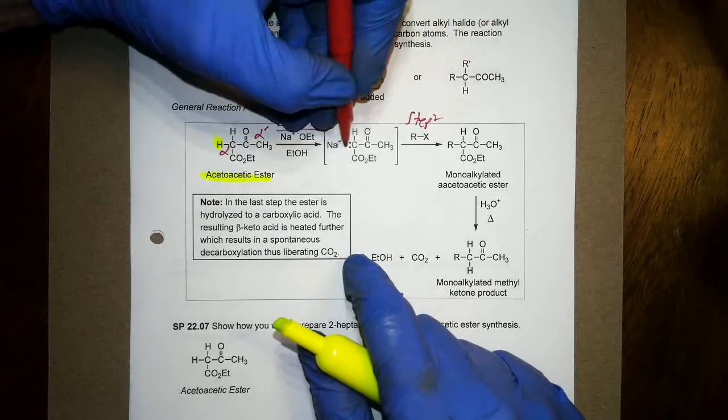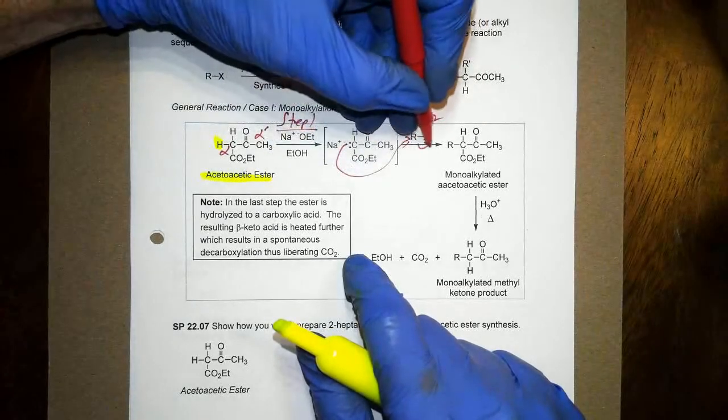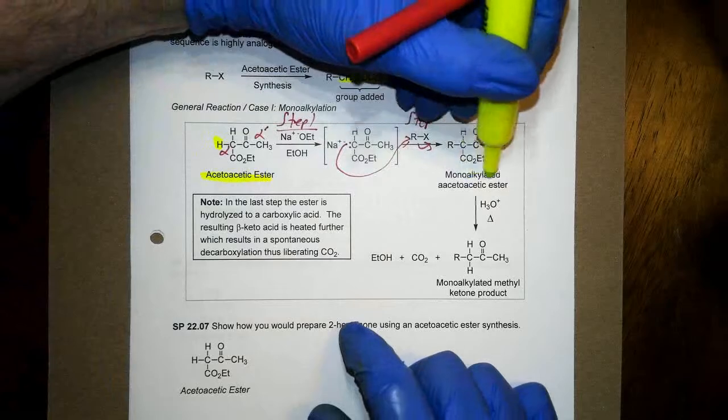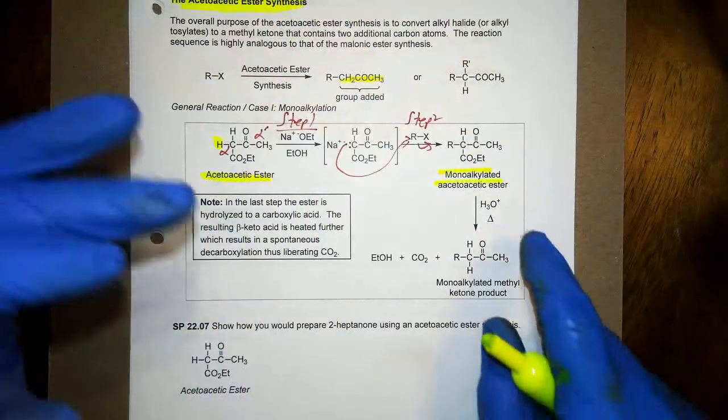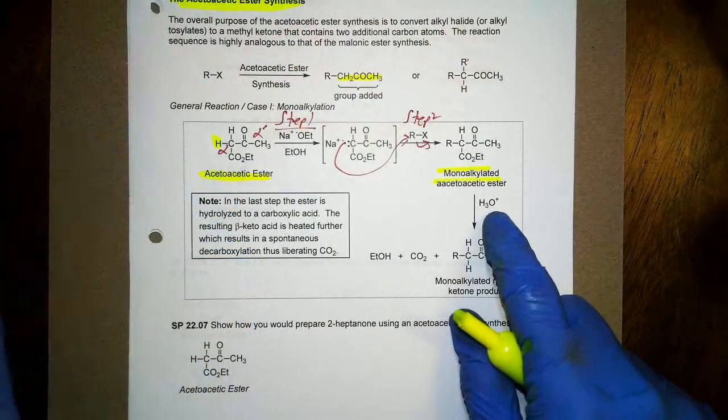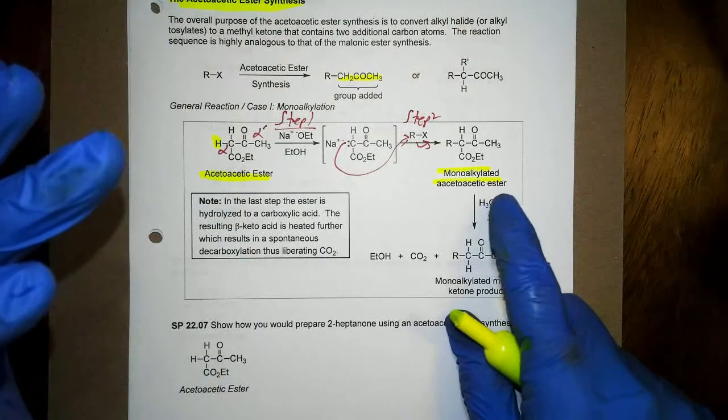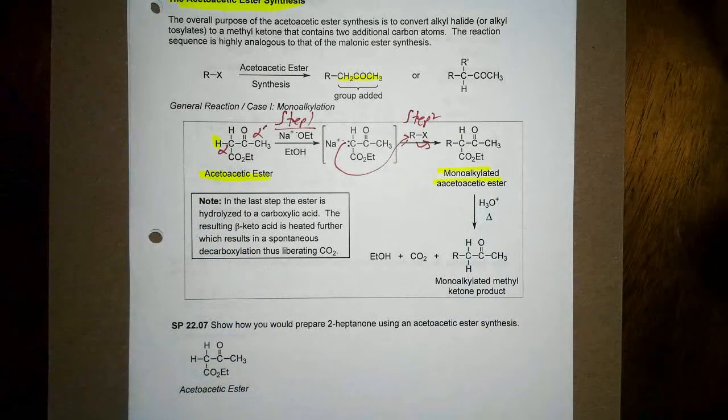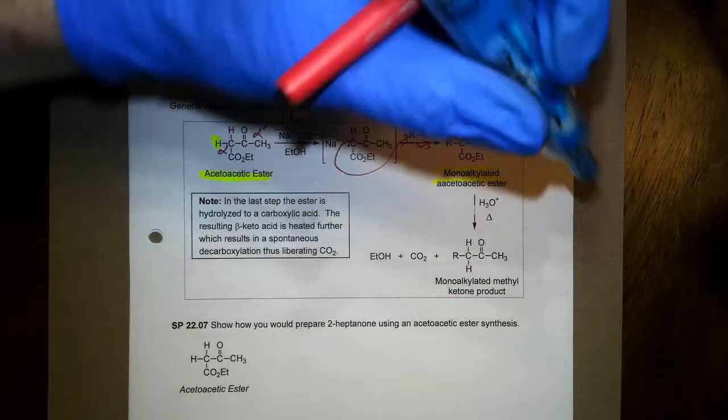In step two, we add electrophile just like before. You now have a monoalkylated acetoacetic ester. And guess what? Just like before as well, with malonic ester, you have acid, you have heat. That's going to result in the loss of this ethyl group.